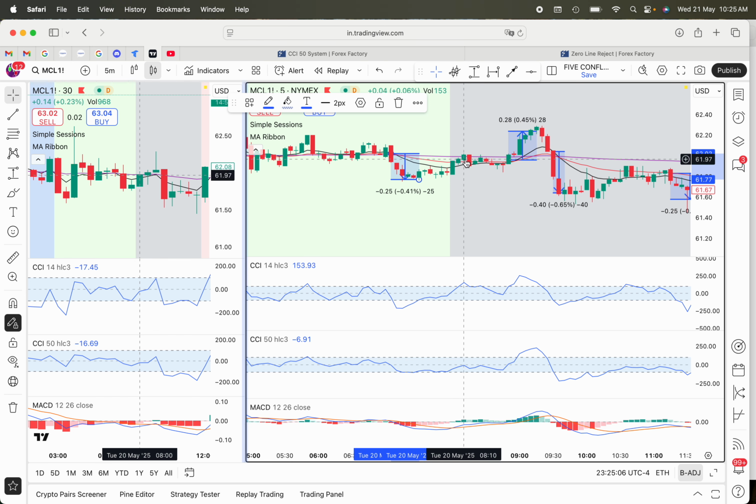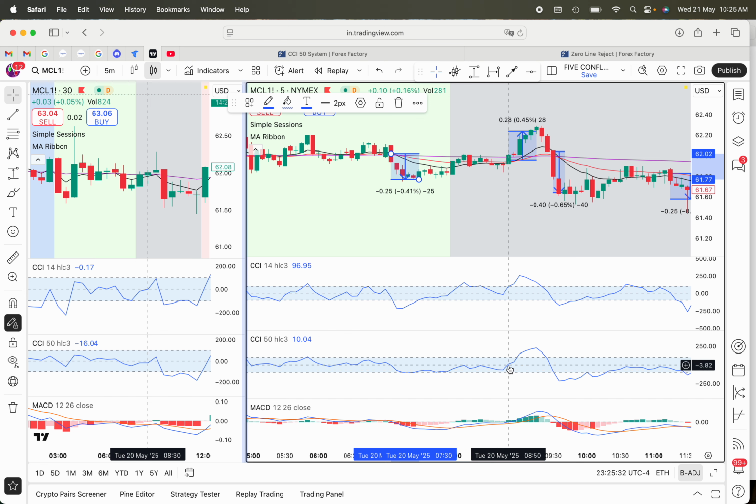We also need to see a bar close above. That sort of did, but it's right on the line. So we'll just wait. There's no harm in waiting, and if you miss the trade, you didn't lose. We can see the MACD's turned up, so that's also a good sign, and the 50 CCI is still hovering just under.